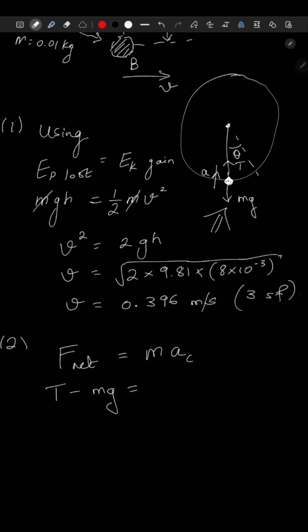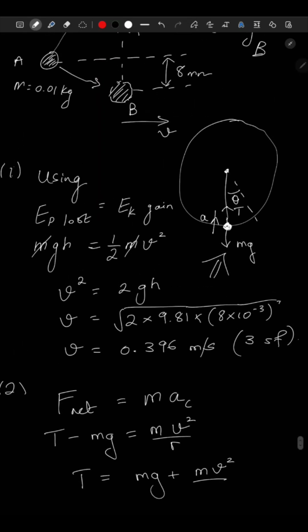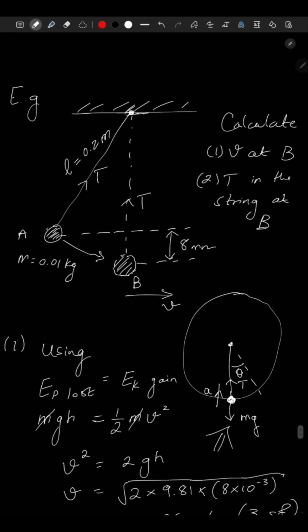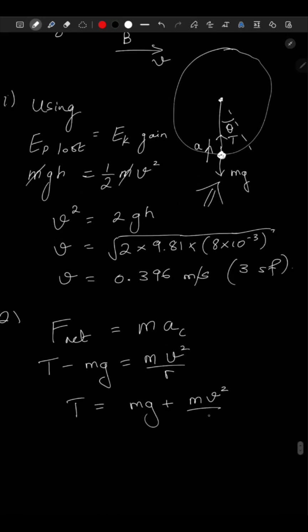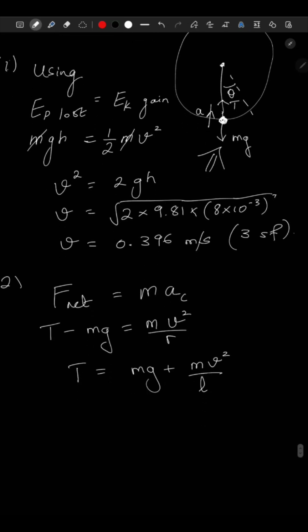Centripetal acceleration is v squared divided by r. So the tension would be mg plus mv squared over r, where r is the length of the string, so we can just put L over here.